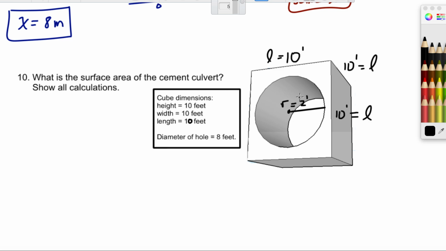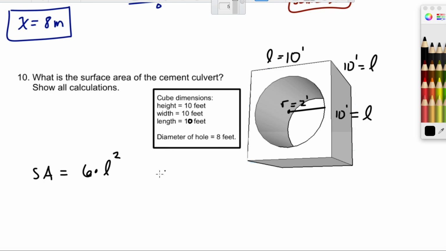So we're adding the cylinder, but we don't have the top and bottom circle. So the surface area of a cube is just all 6 sides, the area of all 6 sides added together. So 6 times length times length. I can also say L squared. So that's the surface area of a cube.